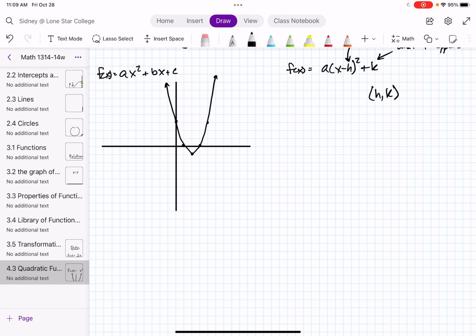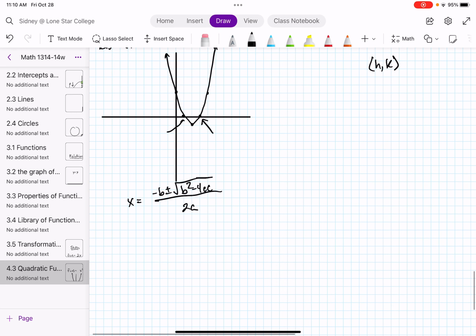If you recall, from the quadratic formula, we have x equals negative b plus or minus the square root of b squared minus 4ac, all over 2a. And these two zeros right here are these two points: negative b plus the square root over 2a, and I'm just going to yada yada, and negative b minus the square root all over 2a.